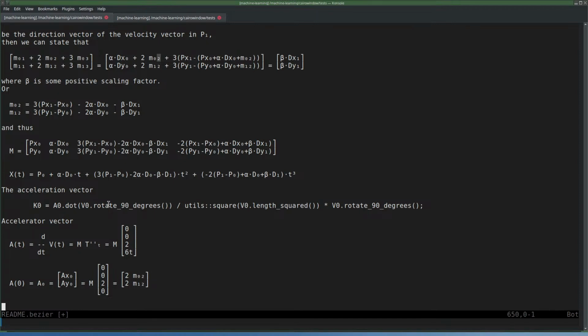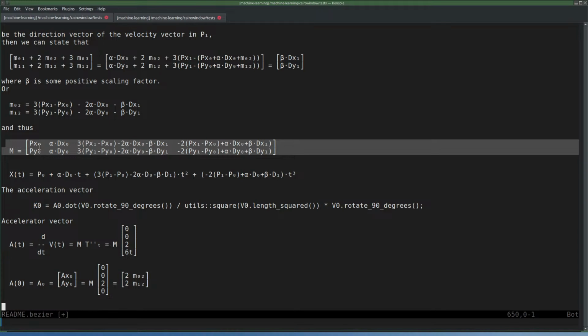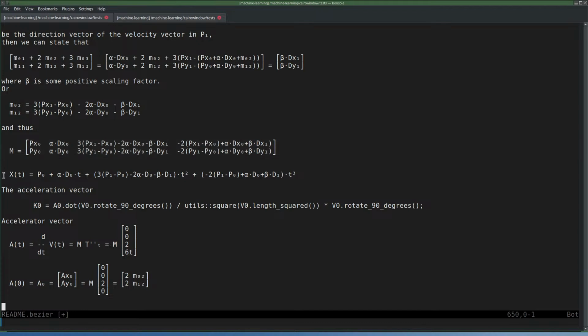So this is the matrix where we have P0. I should look at this. Just written it out. We have P0 and we have P1 and we have the direction vector at P0 and we have the direction vector at P1.